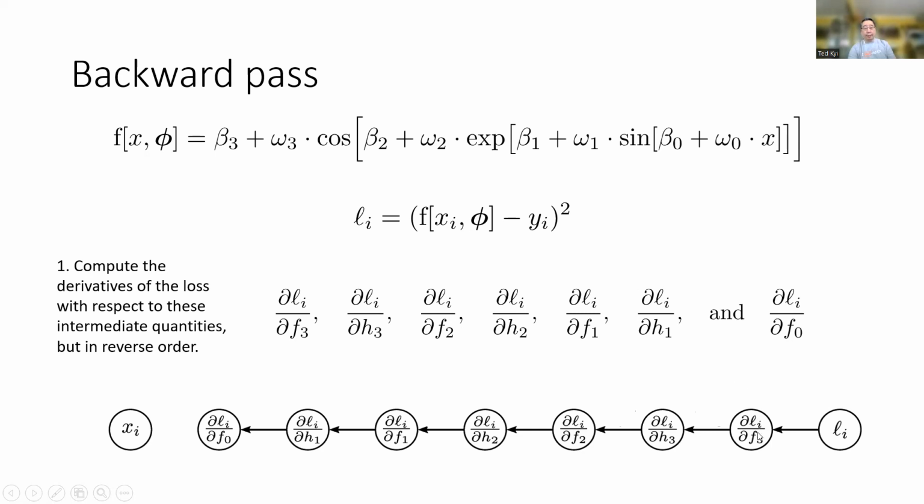So we need to know how much the loss varies as a function of F3. And then in order to calculate that, we'll need to know how much the loss varies as a function of H3, and so on and so forth. So we're calculating all these intermediate quantities, going from right to left.